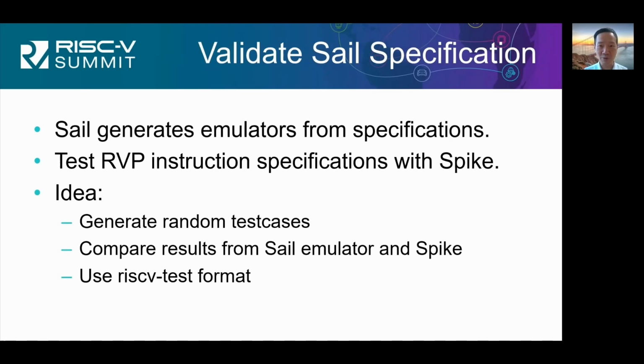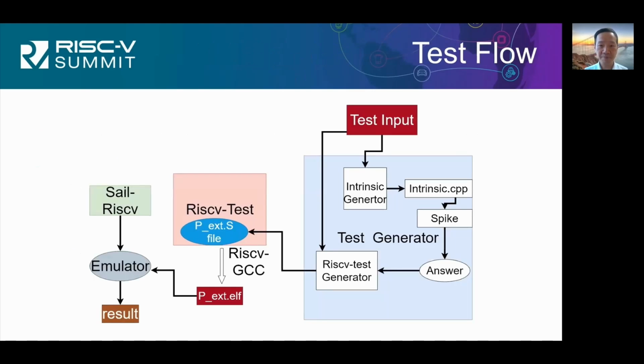Okay, and then we use the CL emulator to compute the result of these random cases, and if they are the same as the Spike result, then it's fine. Probably in this test case, we're good. Otherwise, we know there's something wrong, either the Spike simulator is wrong or our specification is incorrect. And then we use the RISC-V test format.